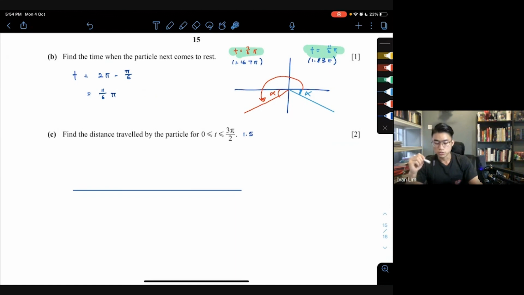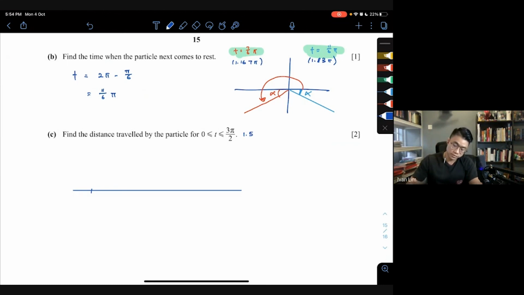Understand? So after that, you need to find the position at 3 pi over 2. If both of the values are within it, then you have to draw it out and see how it moves to find the total distance. So let's find s at t equals 0. Don't always assume that t equals 0, s equals 0. Go and calculate first.